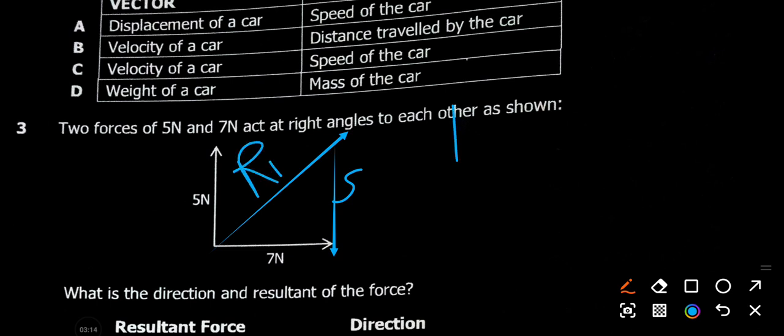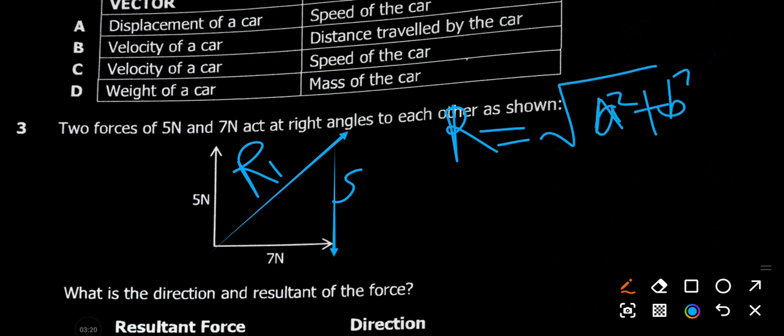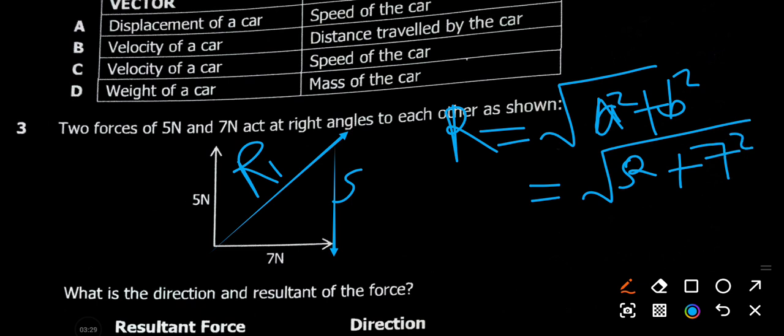Okay, so R squared is equal to A squared plus B squared, right? My A, let's say, is 5, my B is 7. So we'll have 5 squared plus 7 squared.